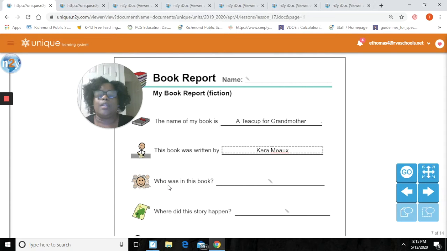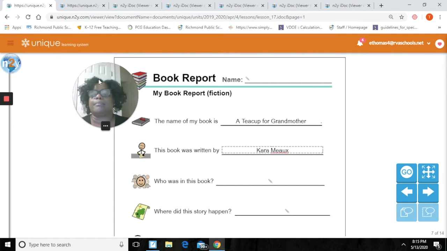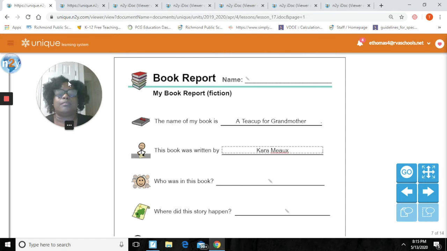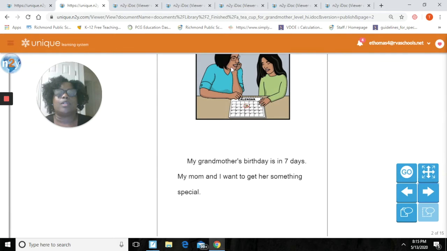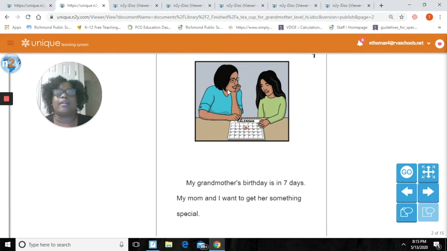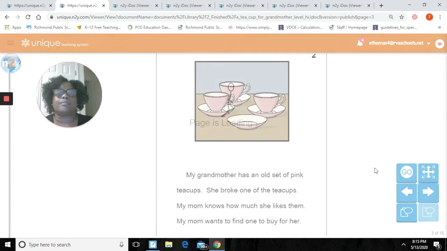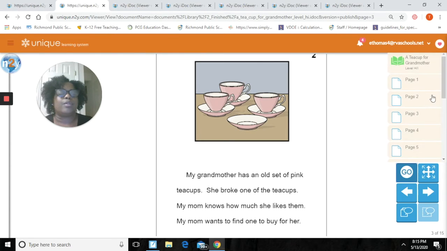Okay. Now, who was in this book? So tell me, who was in this book? Think about it for a second. If we go back and look at our book, who was in it? Did you say mother? You had a mother, a daughter, and who else? Let's see if we can go down in our book.